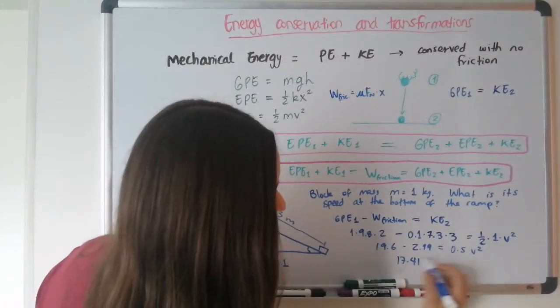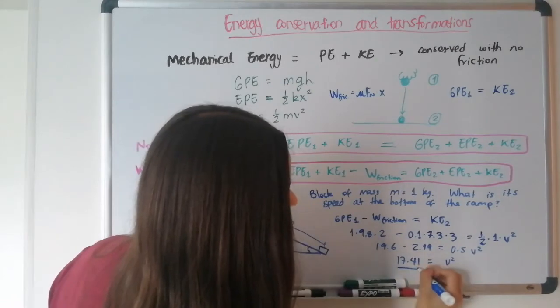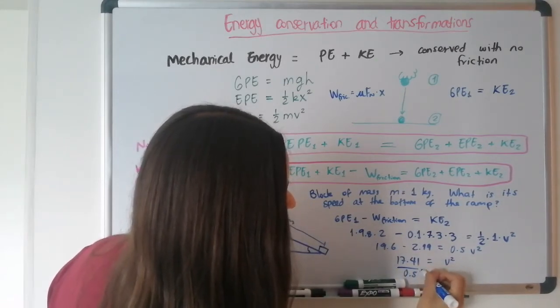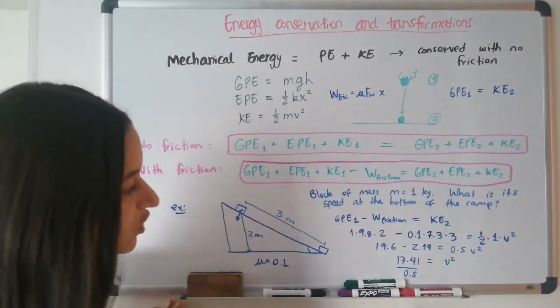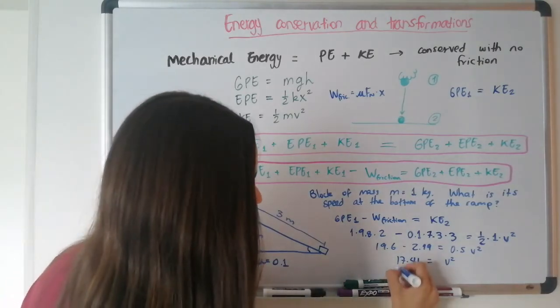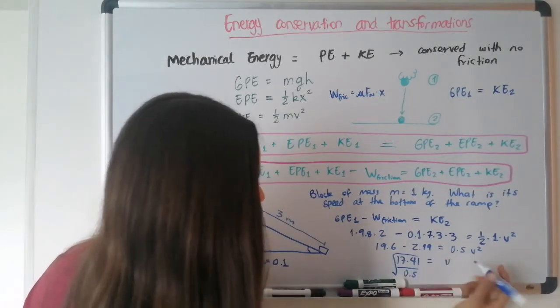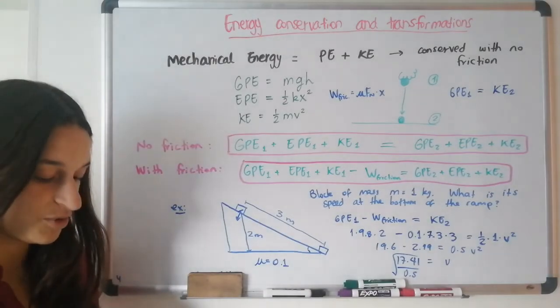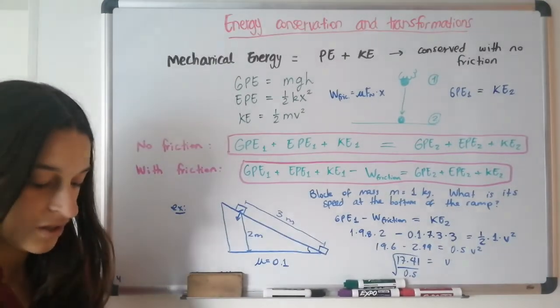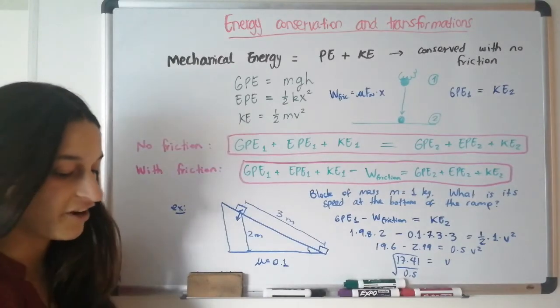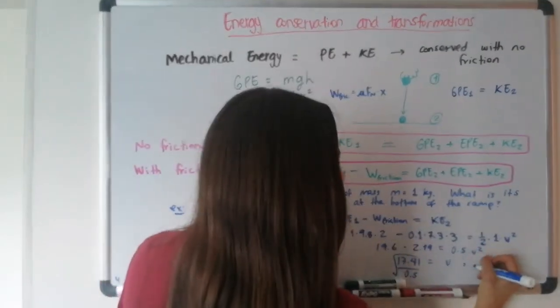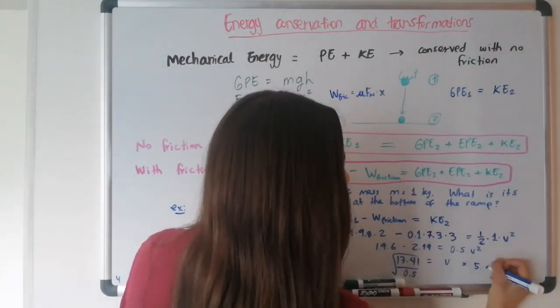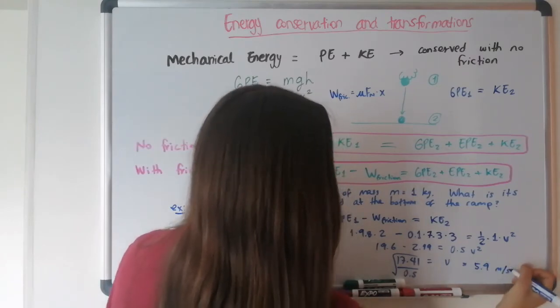So if we pass this to divide, we're going to get that v squared is 17.41 over 0.5. And if we take the square root, we're going to get v. So let me put that in my calculator. Square root of 17.41 over 0.5 gives me 5.9. So v is 5.9 meters per second.